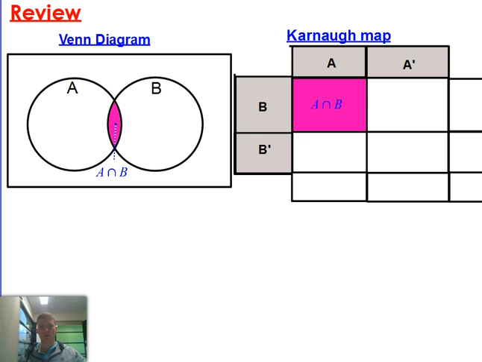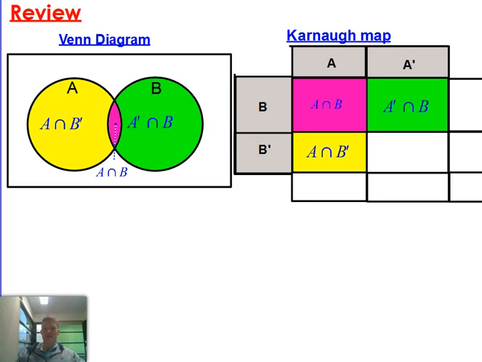This is the intersect between A and B on the two diagrams. Here is the other region where it's A intersect with not B. And then this region, which is not A intersect with B. And then on the outside here in the Venn diagram is the same as this region here, not A intersect not B.